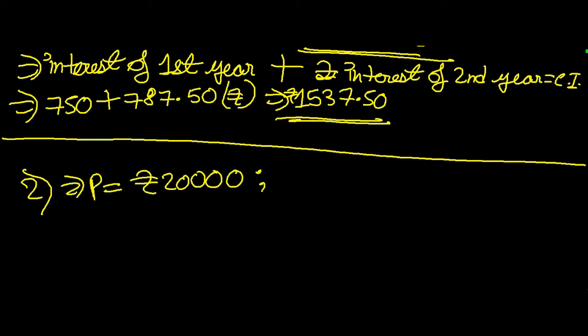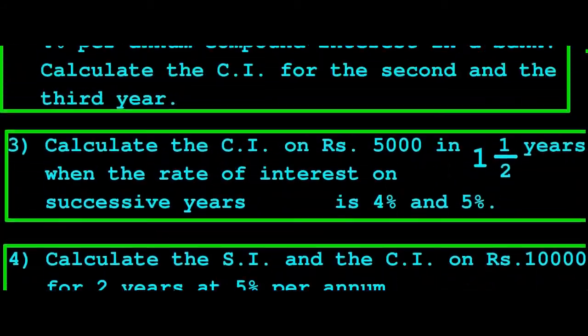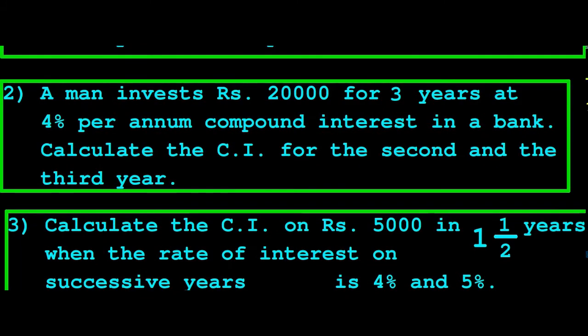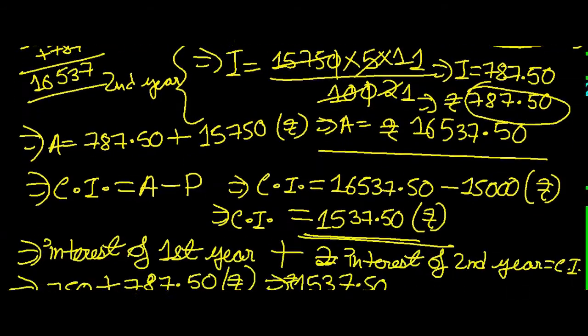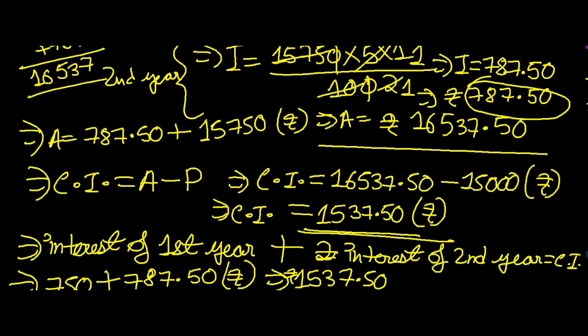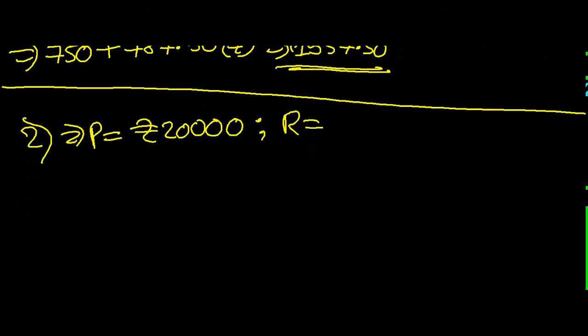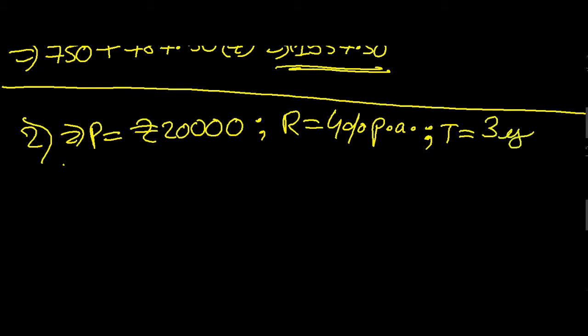Okay. The rate is 4% here. Okay. And time is 3 years. Is 4% P.A., which is per annum, and the time is 3 years.